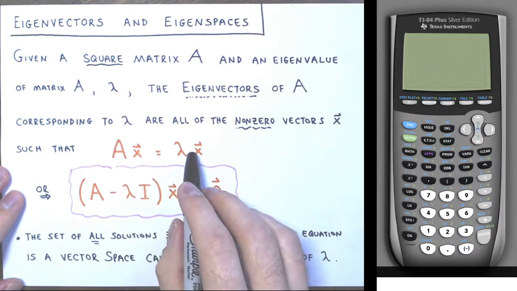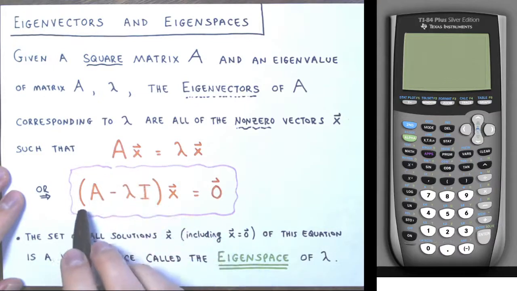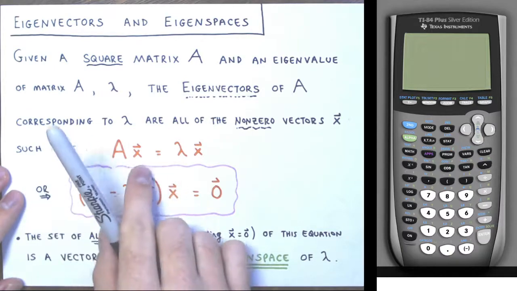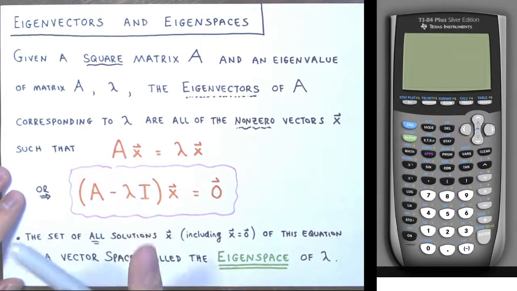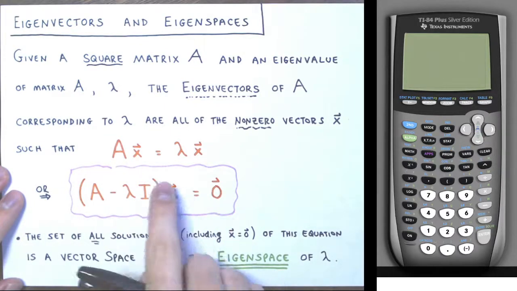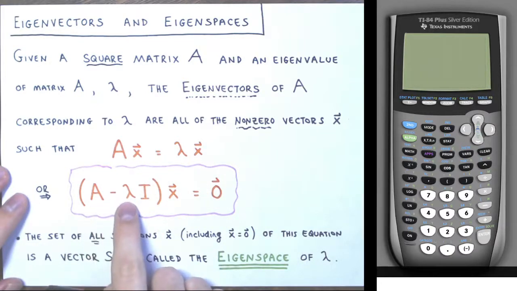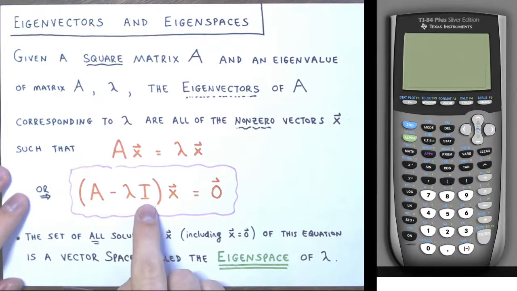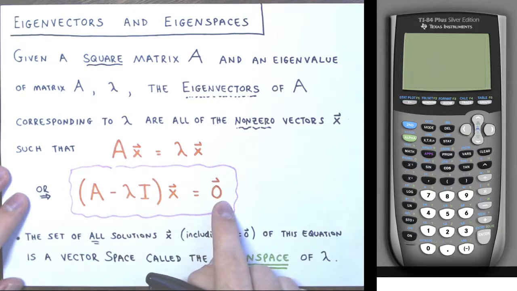So if I make this lambda times Ix, subtract and then factor the x out, remember matrix multiplication is distributive over matrix addition. The x is on the right side of both of these expressions, so I factor it out on the right. We get this equation, which is equivalent to the first one: the matrix A minus lambda I, times x, equals the zero vector.